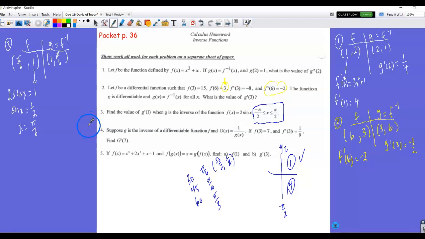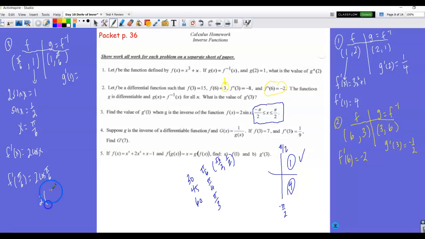Now, remember my goal was to find ultimately g prime of 1, but I don't have g, so I'm going to use f. So the derivative of the f function, the derivative of 2 sine x, is 2 cosine x. I'm going to evaluate that at the x value of f, so that's 2 cosine of pi over 6.